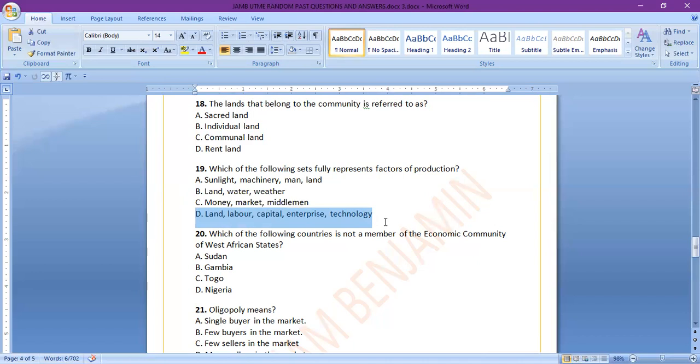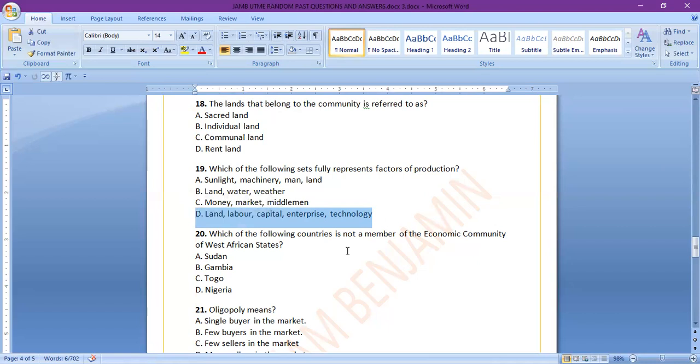Land attracts rent, labor attracts wages or salaries, capital attracts interest, enterprise attracts profit.